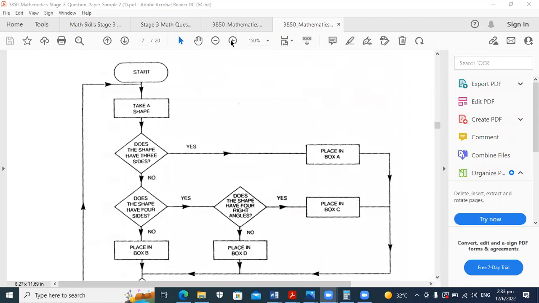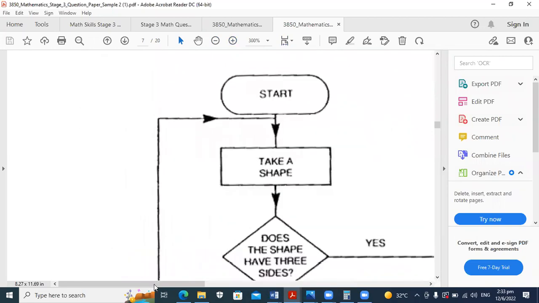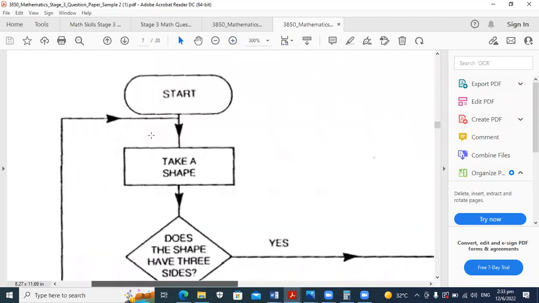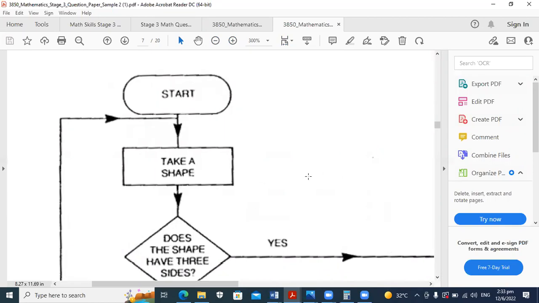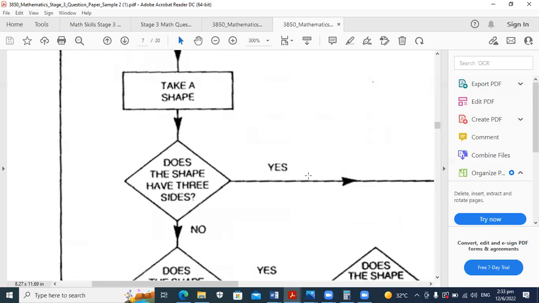We start. It says take a shape. All right, so we go down now, make a decision. Does the shape have 3 sides? What type of shape are you talking about? A triangle.